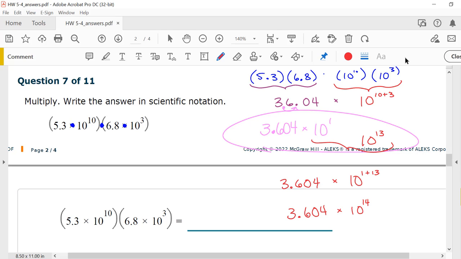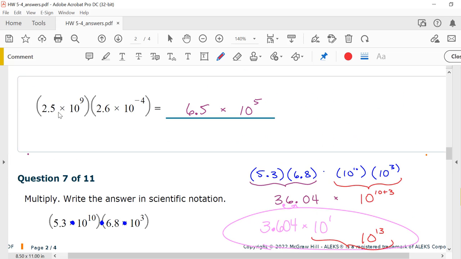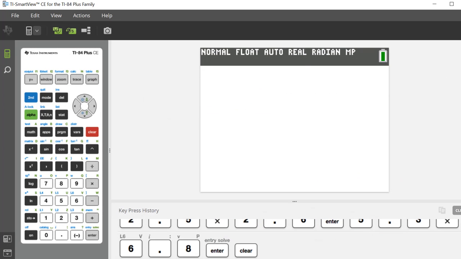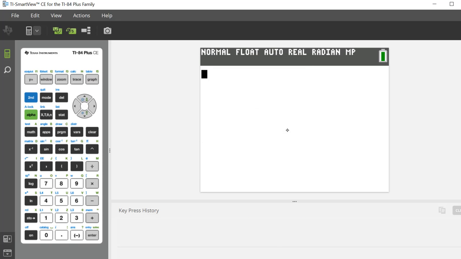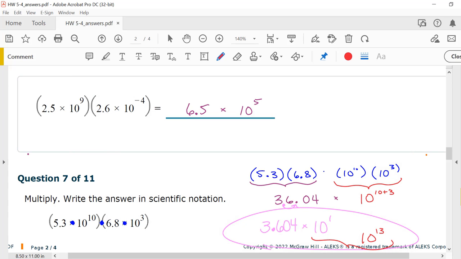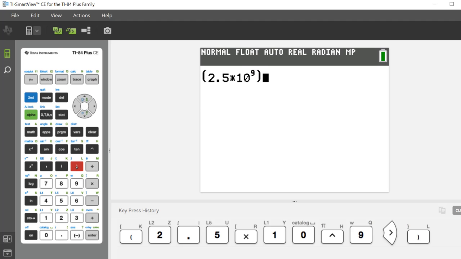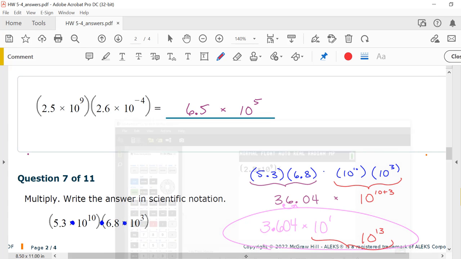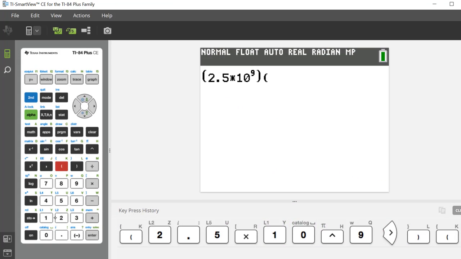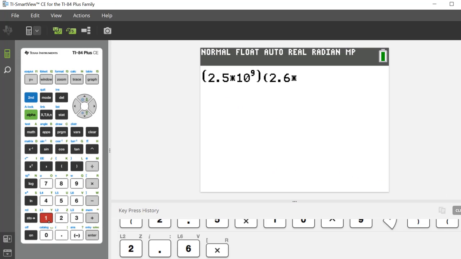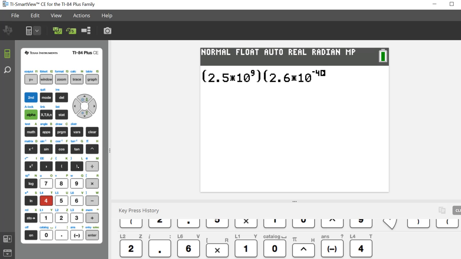All right, calculator time. Let's back up and do this one on the calculator. 2.5 times 10 to the ninth times 2.6 times 10 to the negative 4.